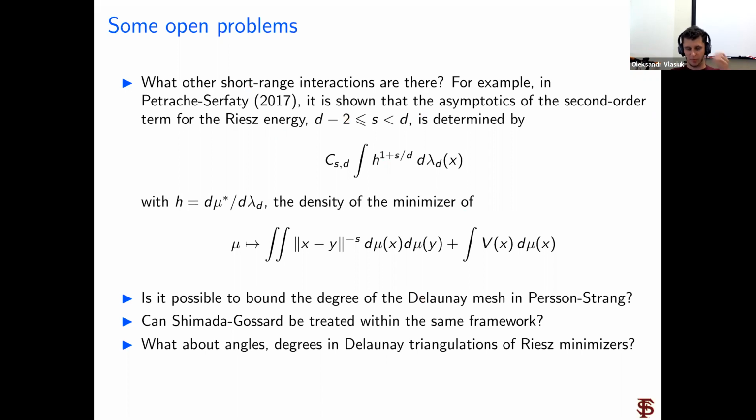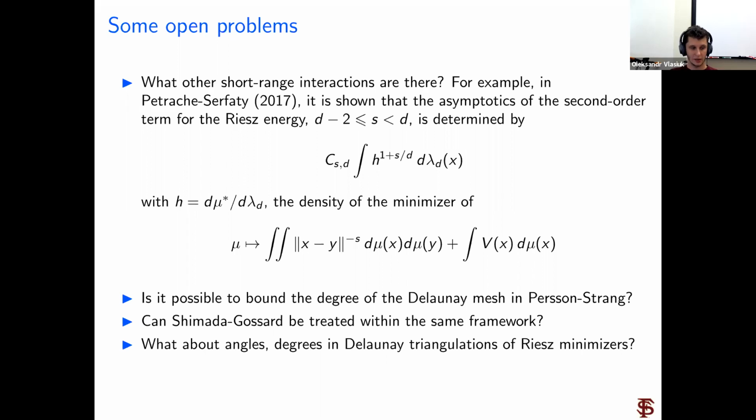Then there are some things that stood out for me. For point distributions, for Rees minimizers, for all these configurations, we talk about the limiting distribution, right? But we don't talk about the structure of, say, Delaunay meshes. There seem to be some interesting theorems about bounding the degree of the Delaunay mesh.